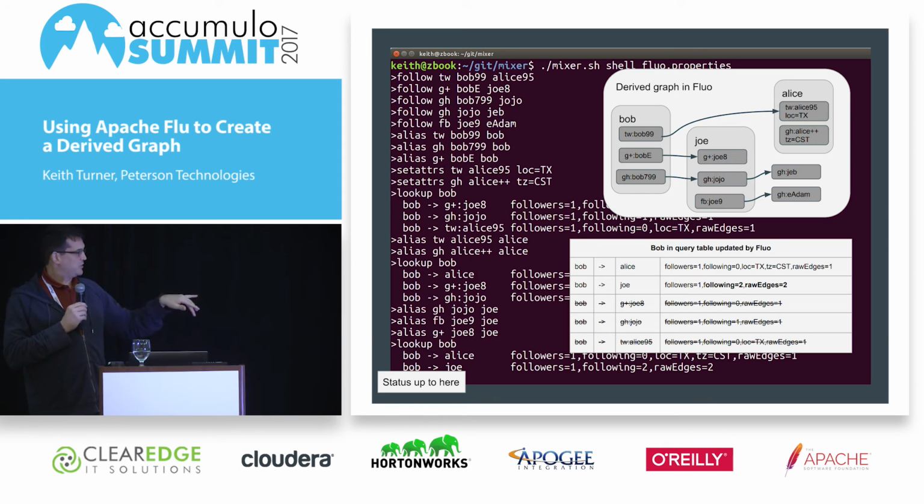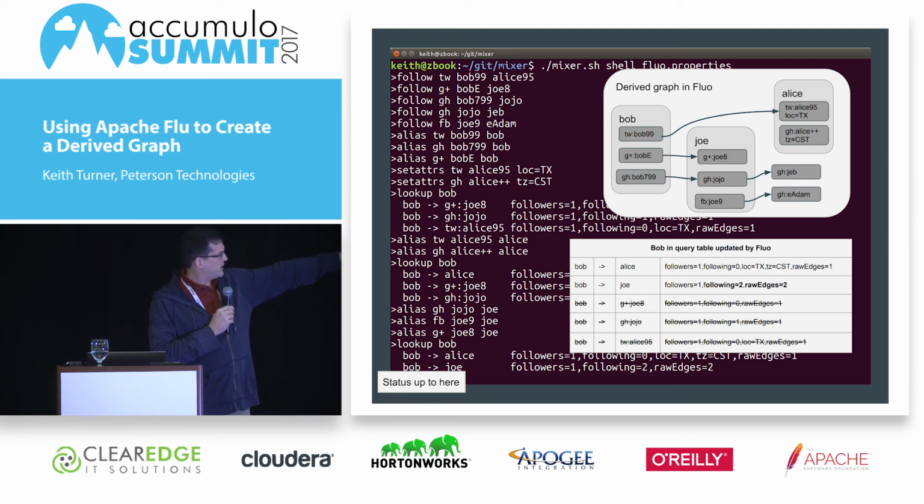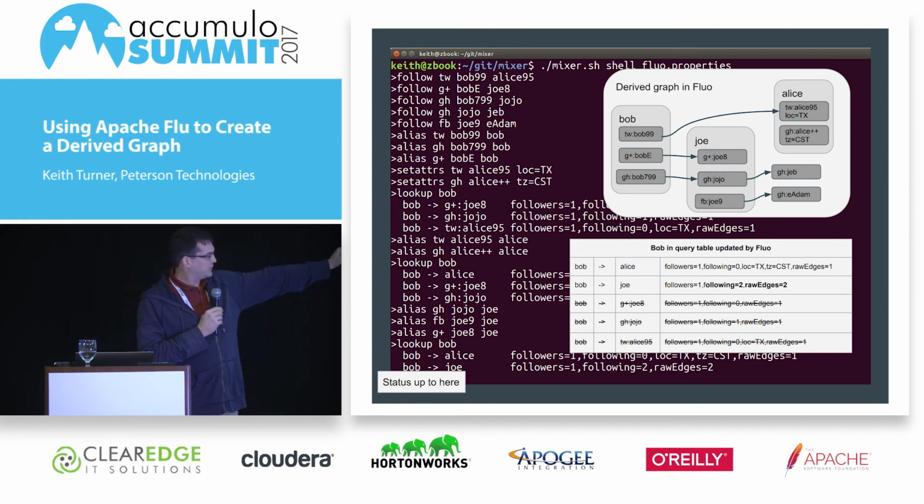Without pre-computing this, to actually get this information to the user, you would have to start off and query the Bob alias. And then you would go to all the nodes that were mentioned for that alias, and query all of them. So you would start off with Bob, and you would query Twitter Bob 99, GitHub plus Bob, Google plus Bob, and GitHub Bob 799. So you query those three.